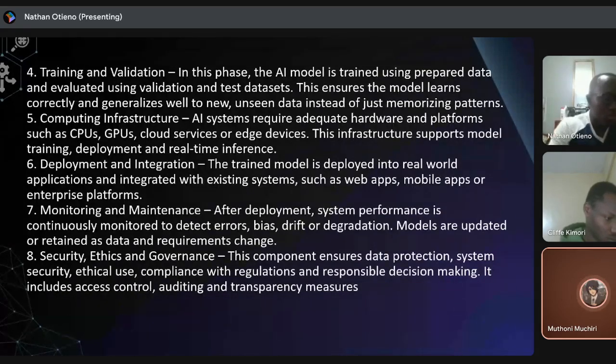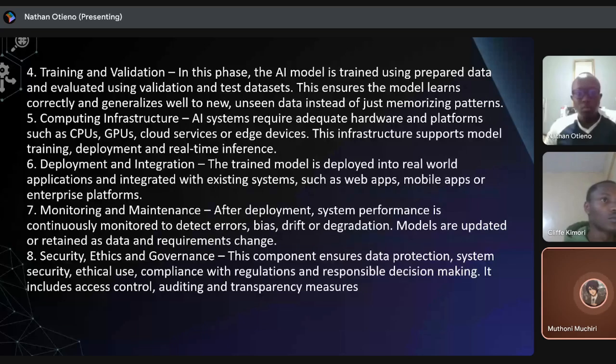Deployment and integration. The trained model is deployed into real-world applications and integrated with existing systems, such as web apps, mobile apps, or enterprise platforms. Monitoring and maintenance. After deployment, system performance is continuously monitored to detect errors caused by bias, drift, or degradation.